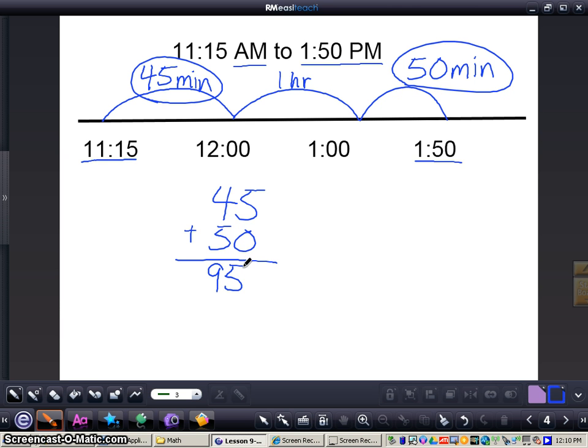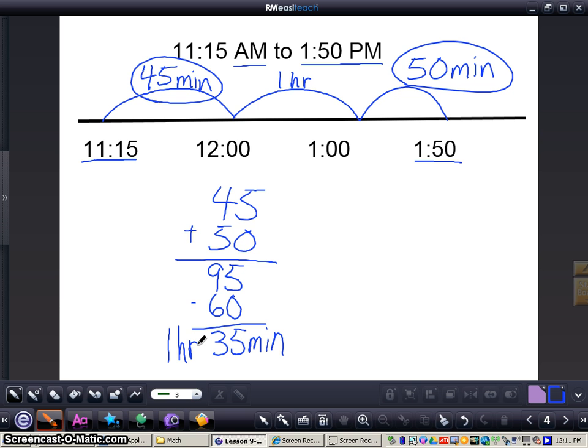So anything that's 60 minutes or more, as you know, equals an hour or over an hour. So I will just subtract 60 because that represents the hour. So I have 35 minutes left over after the 60. So 45 minutes plus 50 minutes is 1 hour, 35 minutes.